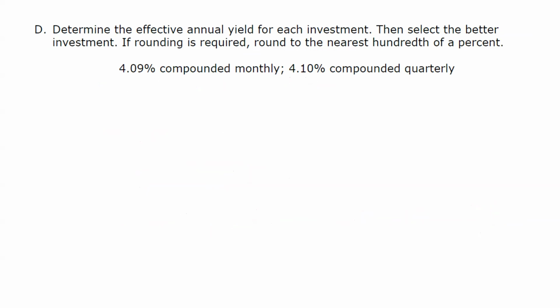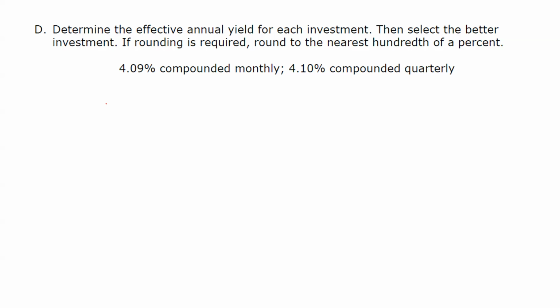All right. So now we need to determine the effective annual yield for each investment, then select the better investment. If rounding is required, round to the nearest hundredth of a percent. So we are going to determine the effective annual yield, and then we will compare to determine which investment is better.